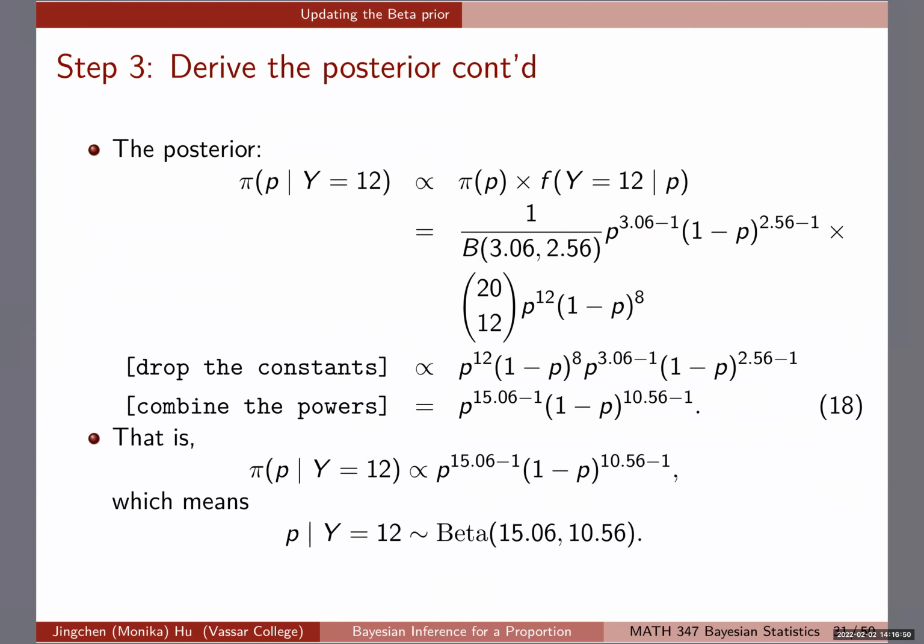And we actually arrive at this beta. All of the exercise that we did just now is trying to convince you that even if we keep the constants, we'll arrive at the same beta posterior. So not worrying too much about those beta functions will still be fine. You will arrive at what we claim to be the beta posterior.